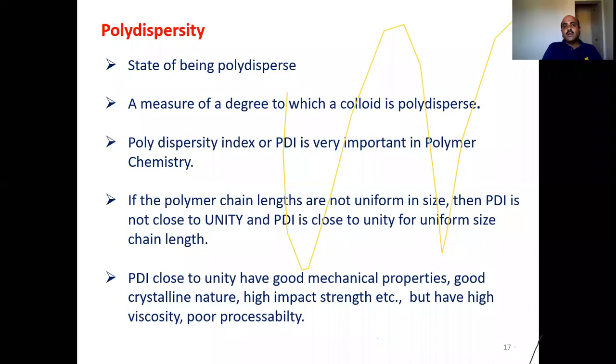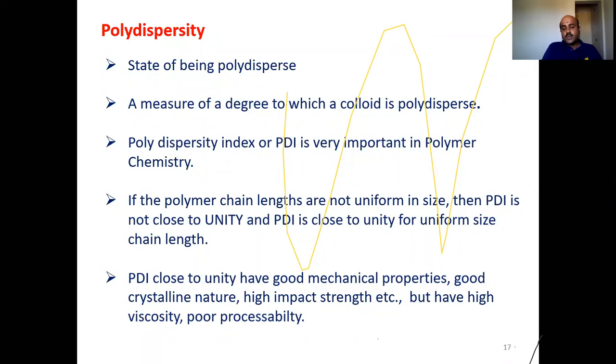So depending upon the uniformity in the size of the chain, the value of PDI varies. PDI is very close to 1 when the polymeric chain length has a uniform size. And if it is not of uniform size, then the PDI value is not close to 1.